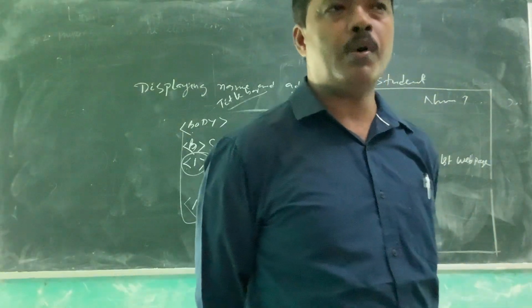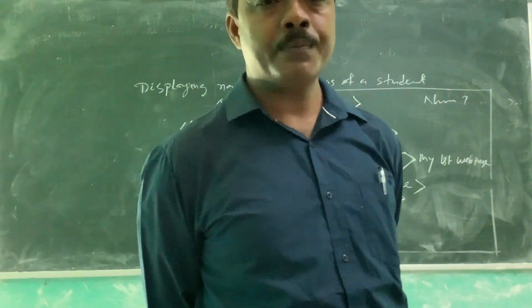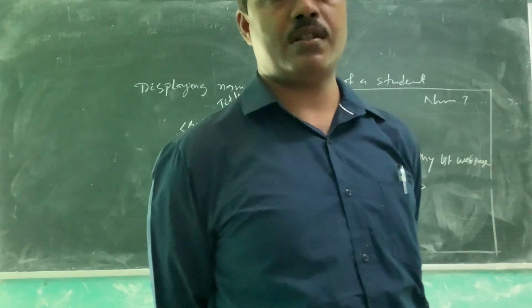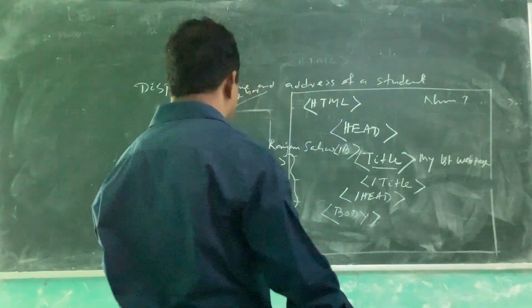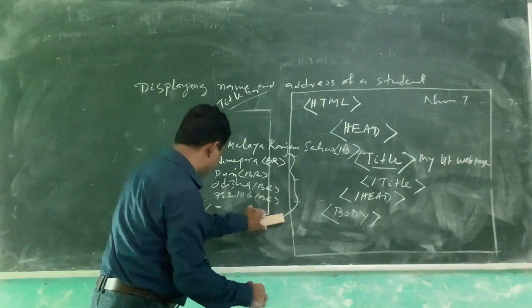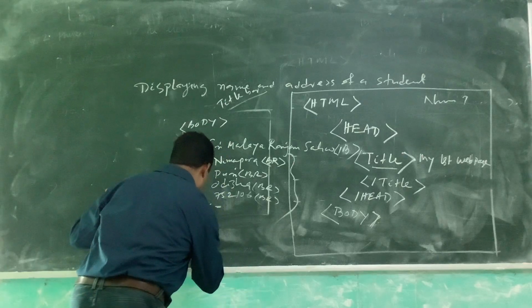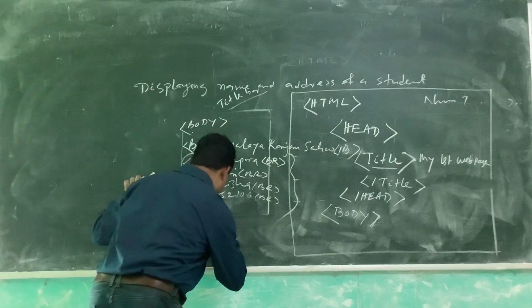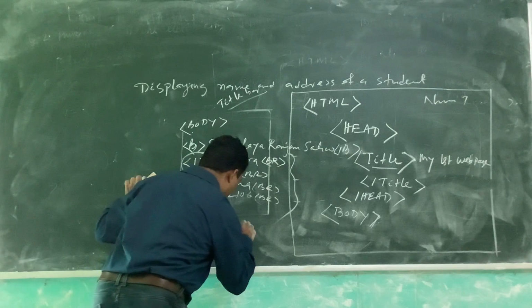Okay. And now the third one is, we want to see the mobile number of a student in underlining effect. So here type U and give the mobile number.